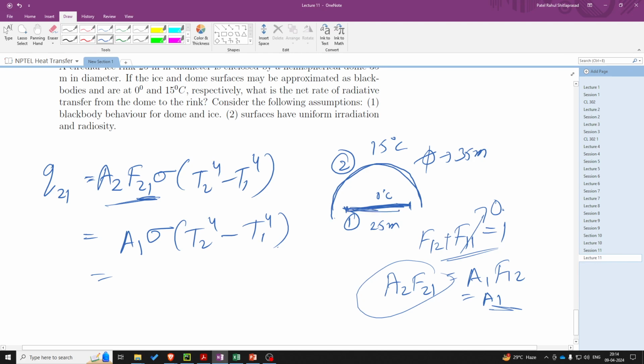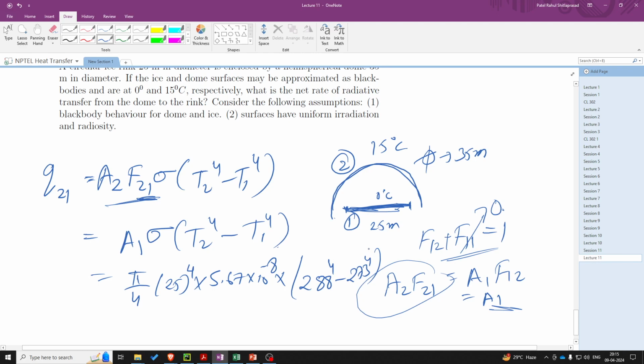For this, the area will be pi by 4 d square. Sigma is 5.67 into 10 raised to minus 8. The temperature T2 is 15, that is 288 raised to 4 minus 273 raised to 4.